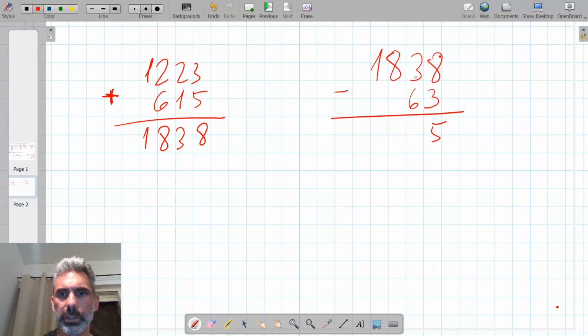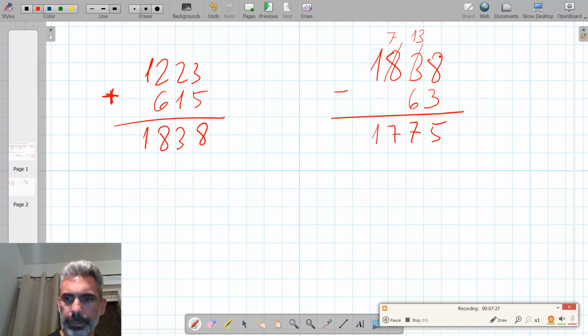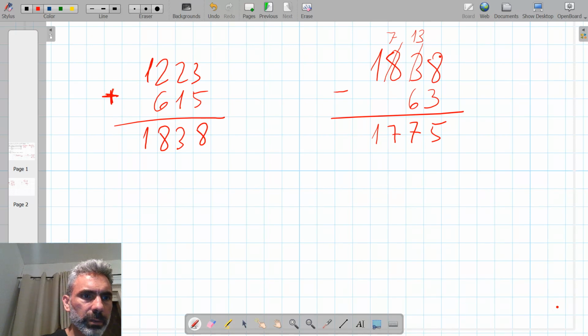Okay, I cannot subtract 6 from 3, so I will borrow 1 from the 8. So 8 becomes 7 and 3 becomes 13. 13 minus 6 is 7. And 7 minus 0 is 7, 1 minus 0 is 1. So the new balance is 1,775.